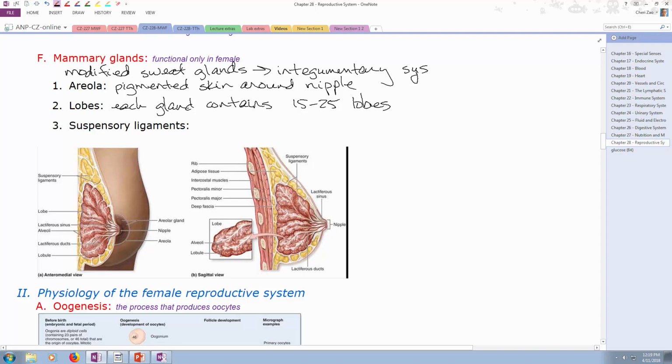The connective tissue, which helps separate the glands into lobular tissue, also has extensions at the base of the breast that keep it attached to the muscles of the chest.